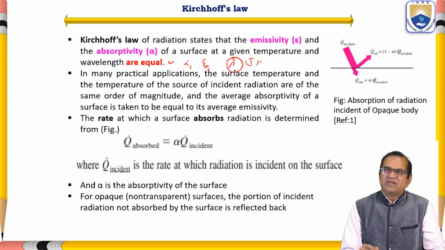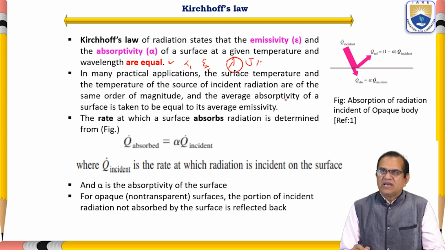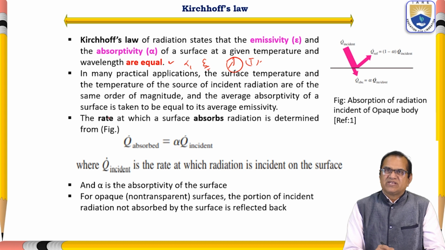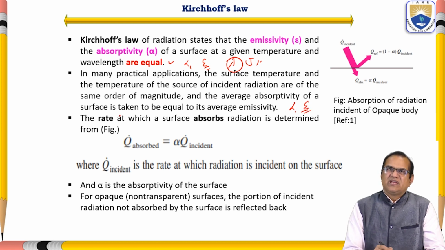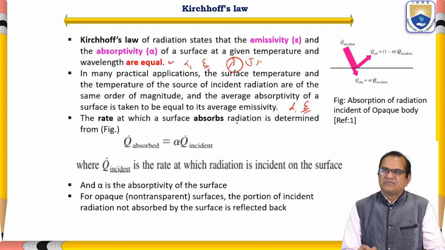In many practical applications, the surface temperature and the temperature of the source of the incident radiation are of the same order of magnitude, and the average absorptivity of a surface is taken to be equal to the average emissivity. So alpha and epsilon are taken mostly the same. The rate at which a surface absorbs radiation is determined from the figure.